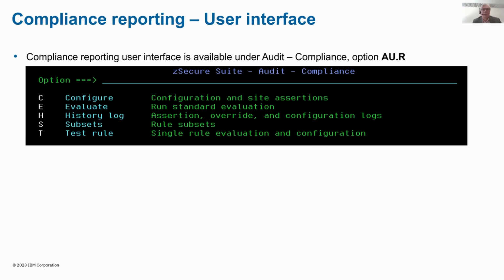Onto the user interface. In the AU.R ISPF interface, we have the rule evaluation menu, and it has an option C to configure rules and assertions. There's a number of things that need to be configured, like naming. So the domain assertions, kind of what data set name patterns are used for your install data sets for a specific product.